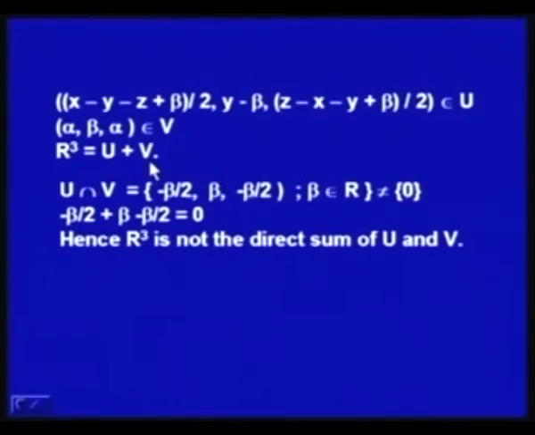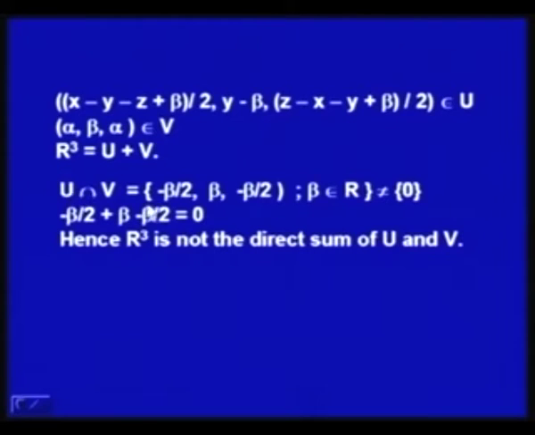So, it is not a unique representation, and that is why although R cube is the sum of U and V, it is not the direct sum of U and V. In fact, one can further prove that U intersection V will be a set of the form (minus beta by 2, beta, minus beta by 2), where beta belongs to R, and this will be 0 only when beta is equal to 0, but beta can take any value.